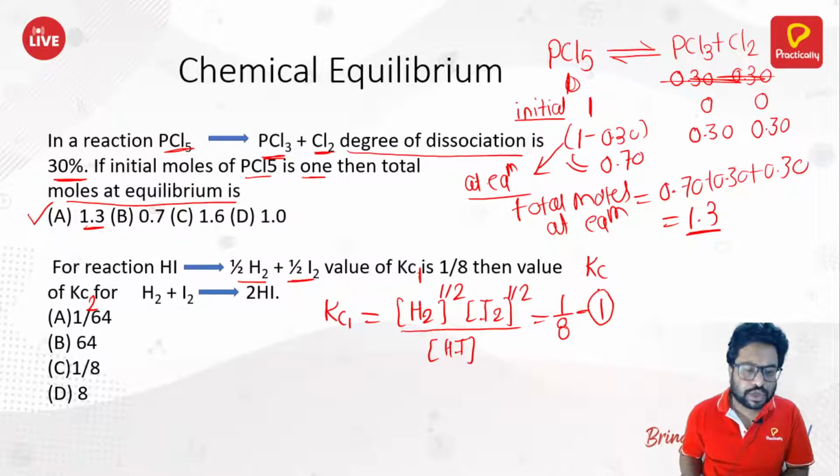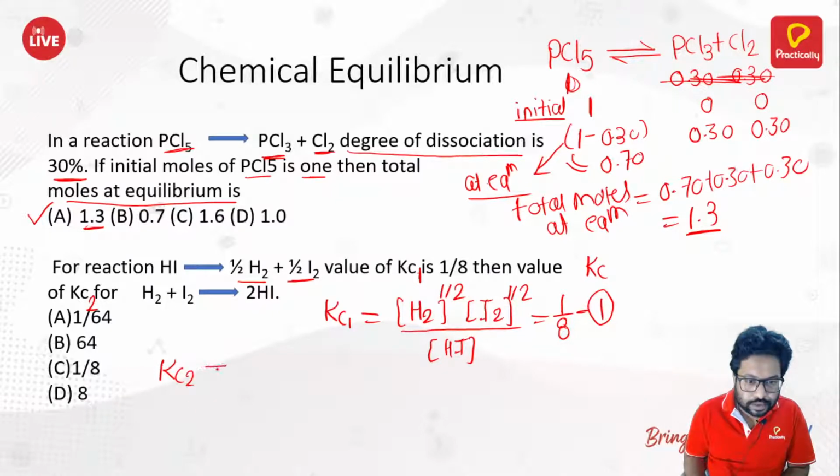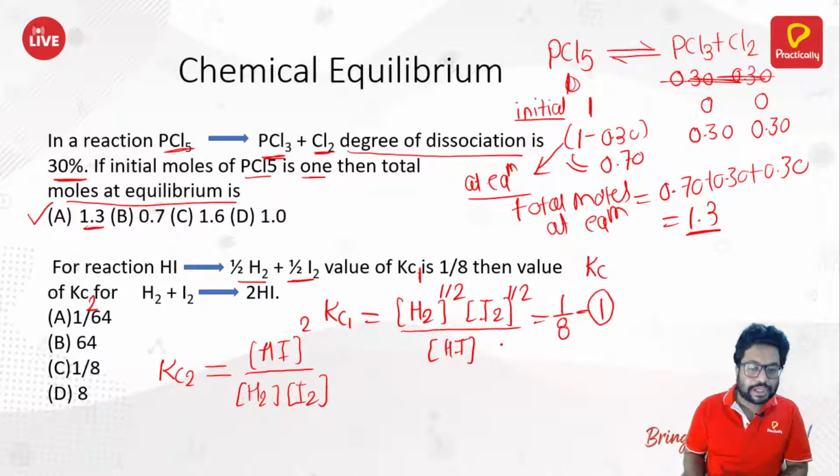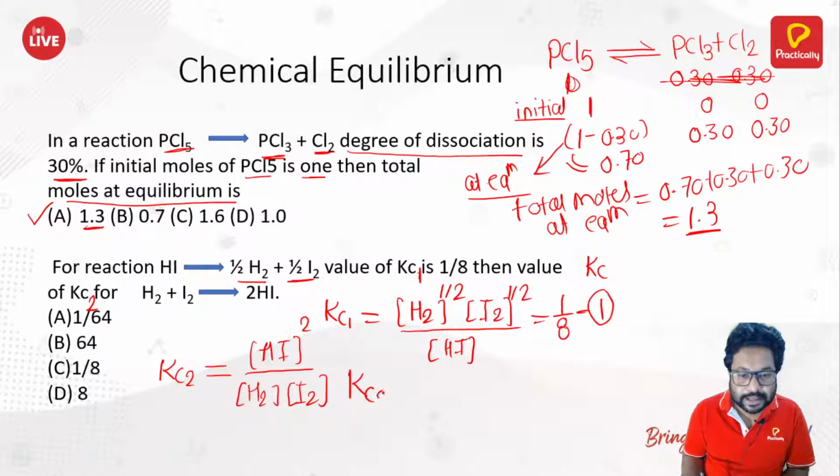Equation number 2: if you look at Kc2, you have HI on the product side, HI square, then you have the concentration of H2 and the concentration of I2. So if you look at the relationship between Kc1 and Kc2, you can clearly see that if you reverse Kc1 and square it, you will get Kc2. In other words, Kc2 is equal to 1 by Kc1 square.